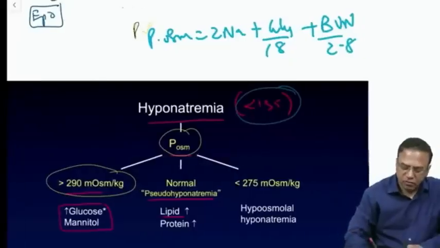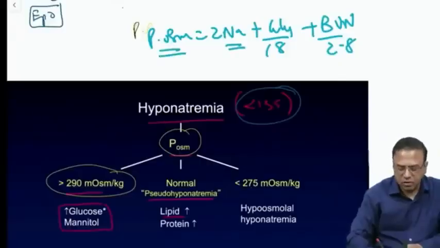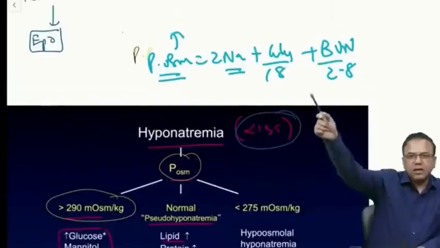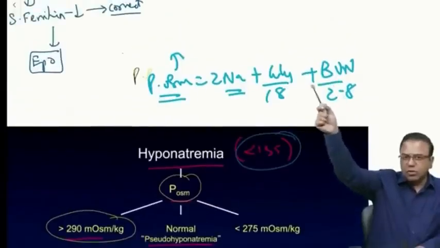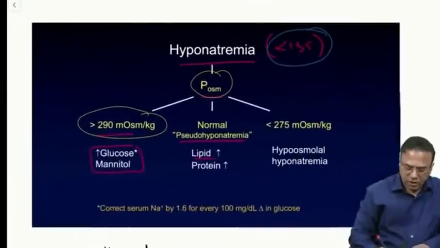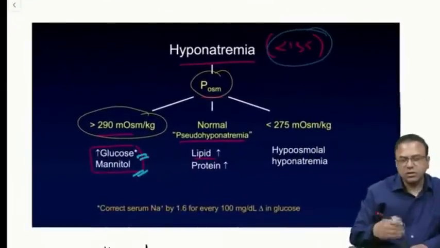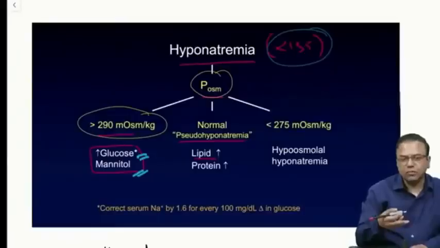So if a patient with hyponatremia should have low osmotic force and the osmotic force is high, then something else is increasing. Now BUN generally doesn't go so high, so it must be glucose. So if the patient has glucose or mannitol, that is the reason why you're getting the hyperosmotic state.